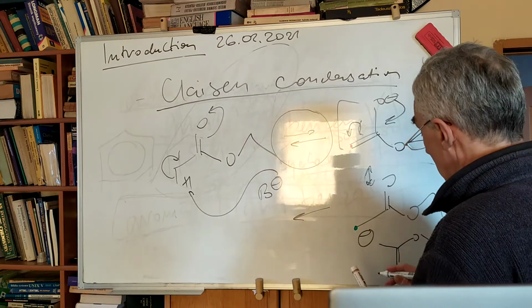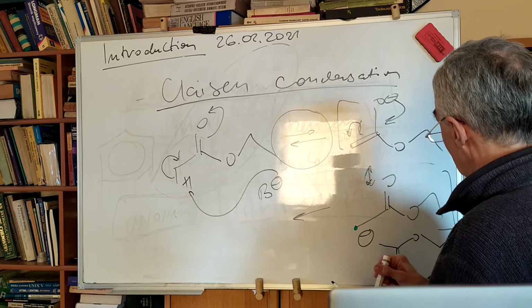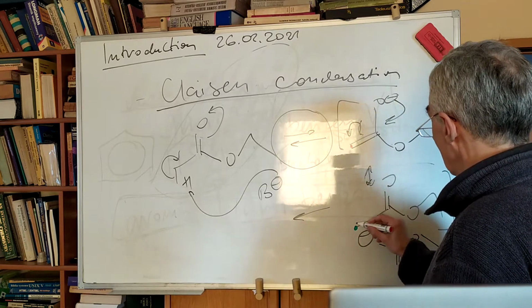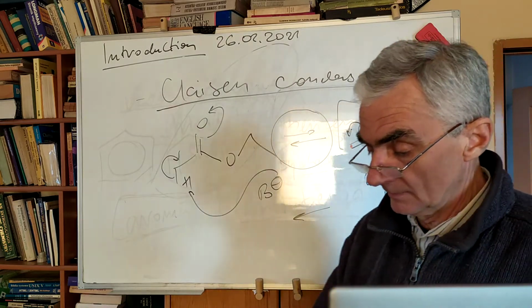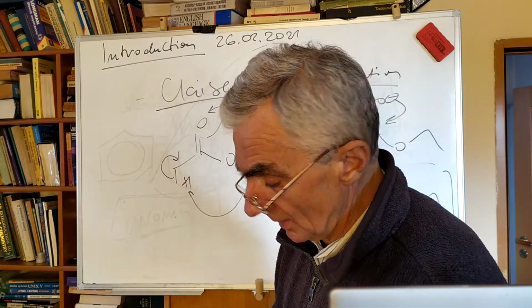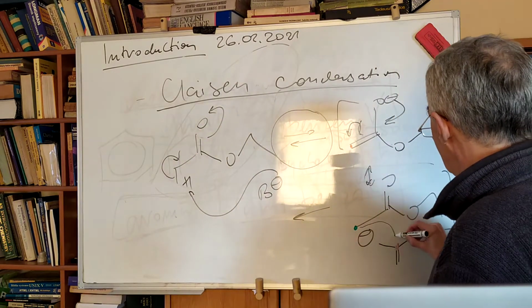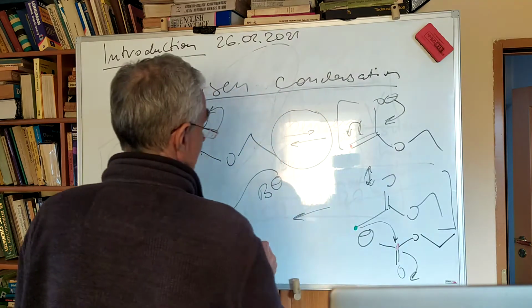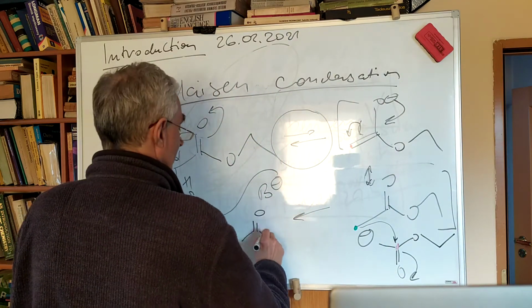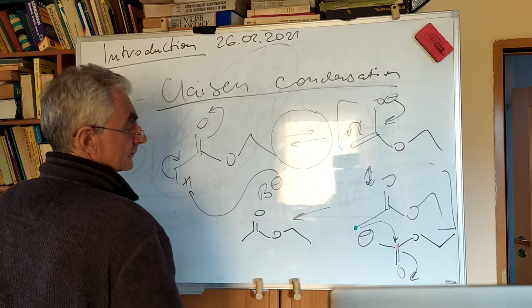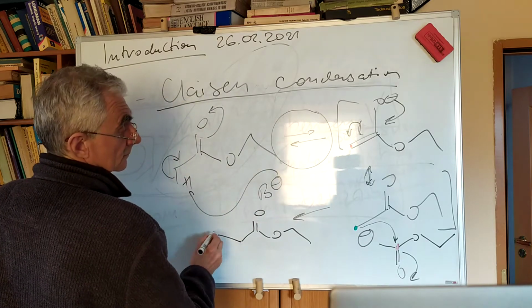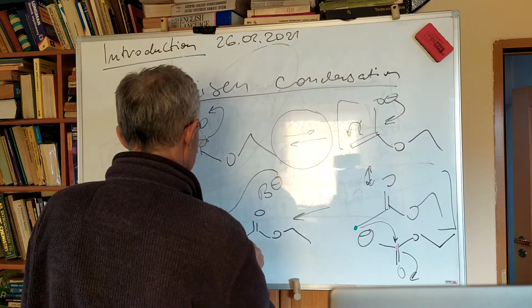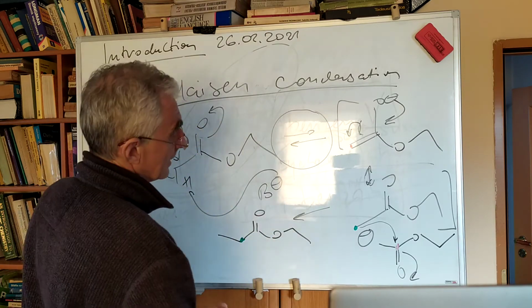And of course we can write here the red one, the green, and now such a reaction which will give us simply a product. Yes, so we have here the green one.